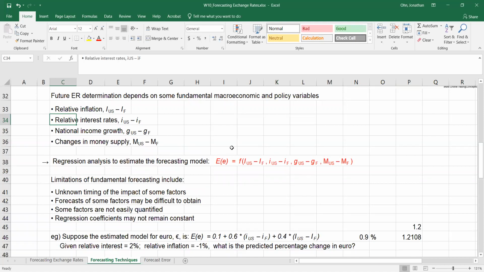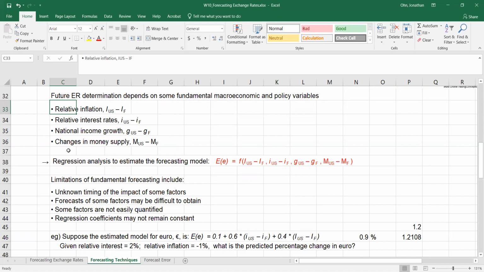This relative interest rate, the timing of the impact is quite short. So the impact will come out shortly. However, think about relative inflation. Inflation takes time.